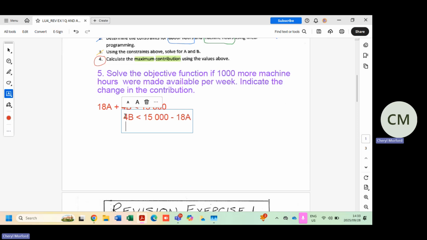So B less than or equal to, just remember, less than or equal to 3,750 minus the 4.5A. So what I've done is my new machine hours constraint.